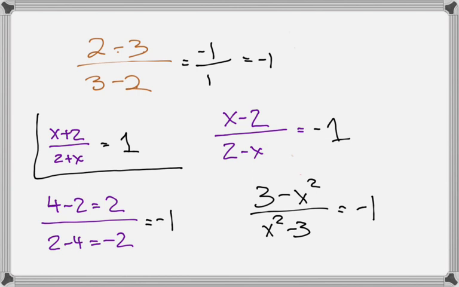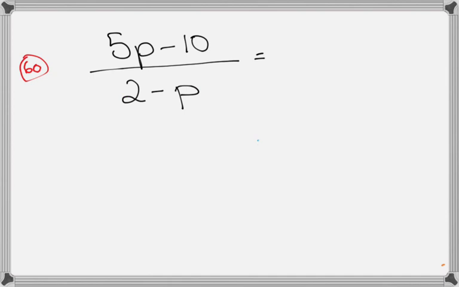Let's take a look at an example. Number 60. 5p minus 10 over 2 minus p. Again, the factoring should be easy. 5p minus 10, GCF.